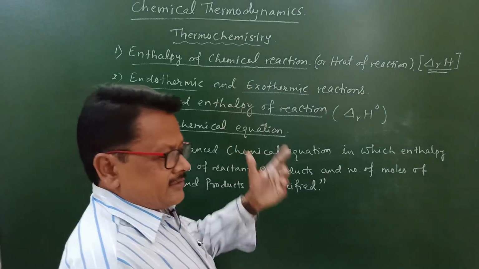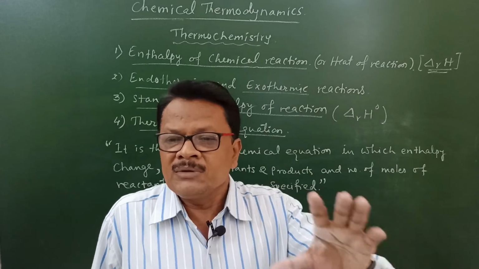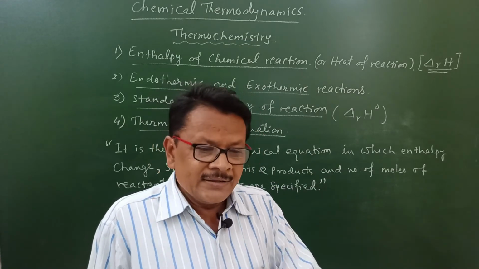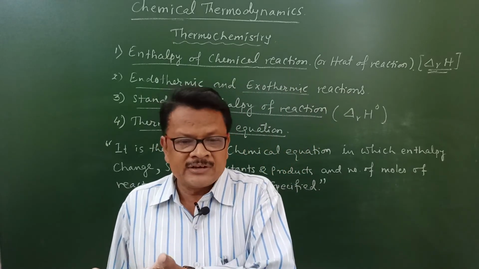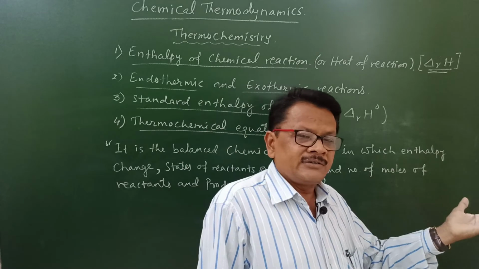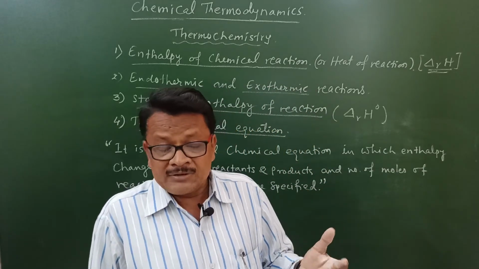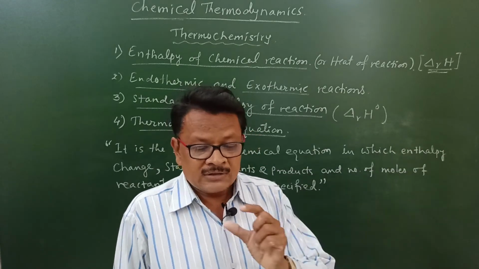Whenever any chemical reaction is taking place, its thermochemical equation should be written. While writing it, first of all, the reactants are on the left hand side and the products on the right hand side. The enthalpy change should be written along with that equation.